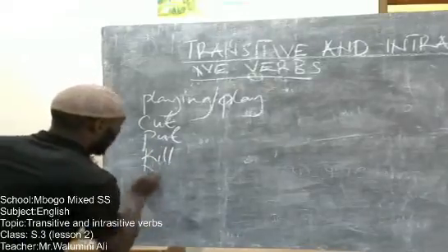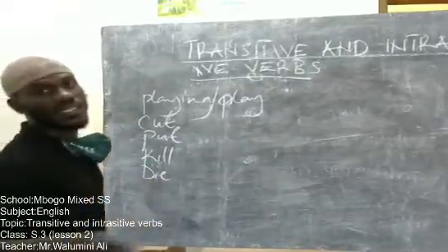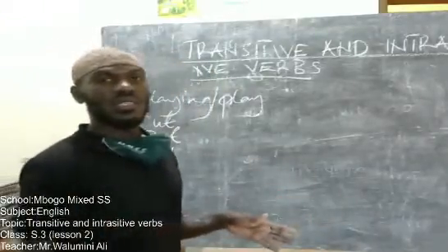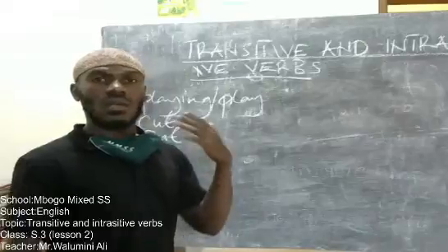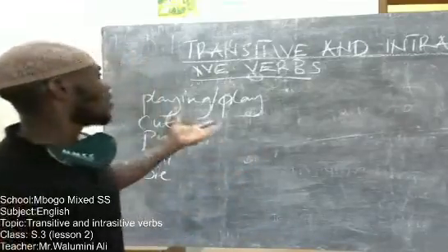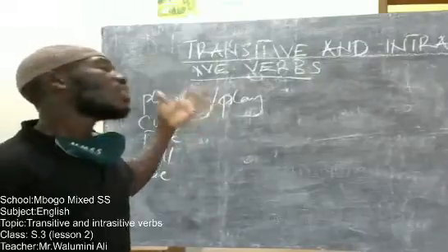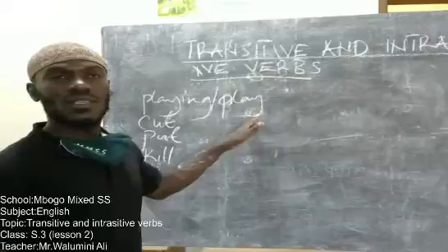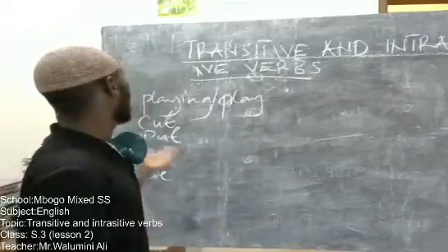You can have die. You see? When you use these in a sentence, they will actually show an action. They are illustrating an action. For instance, someone can say that he went to play football. So that playing is an action.